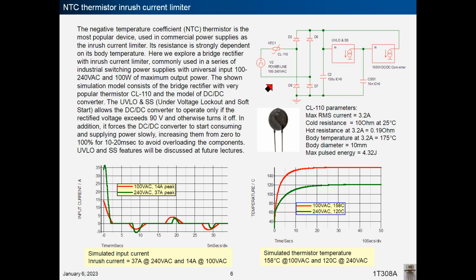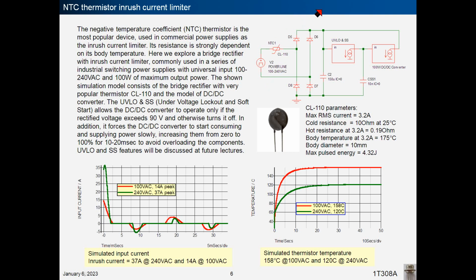Here we explore a bridge rectifier with inrush current limiter commonly used in a series of industrial switching power supplies with universal input 100 to 240 VAC and 100 watts of maximum output power.